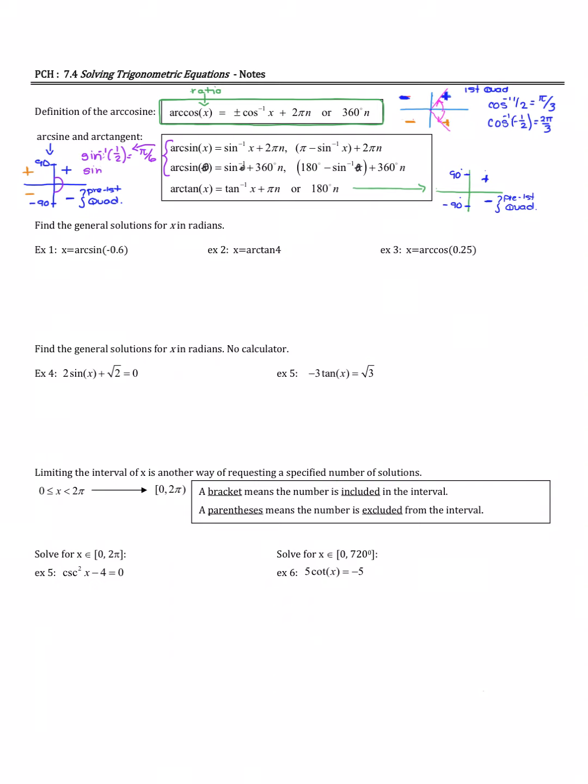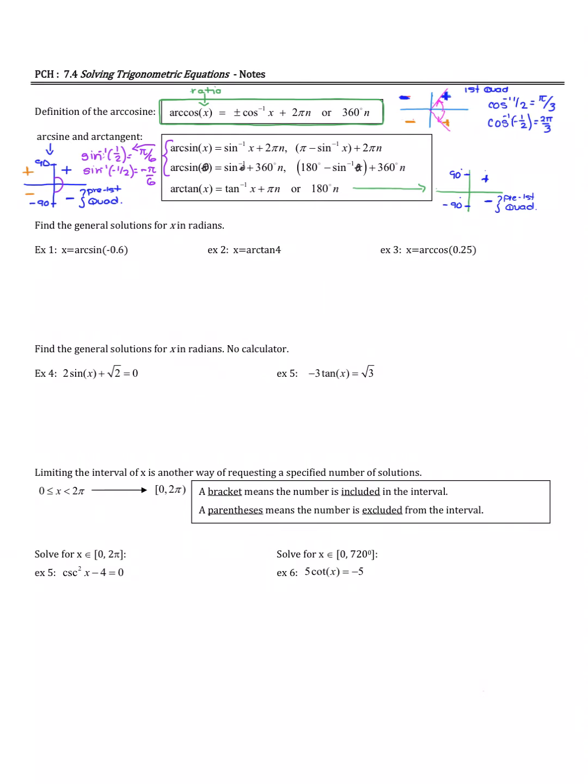If it's the inverse sine of -1/2, I'm now going to draw my answer from the pre-first quadrant, which is basically, remember, a negative just sends you in the opposite direction, so my answer is going to be -pi/6. In some ways, the answer is kind of easy, because it's whatever was in the first quadrant, just put a negative in front of it, because you're going in the opposite direction.